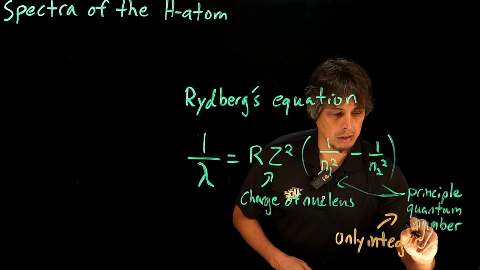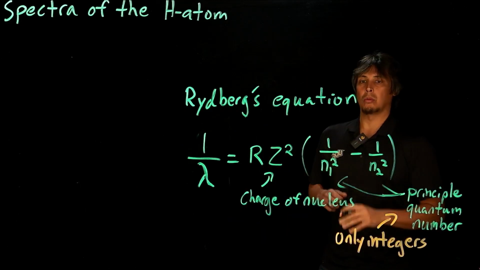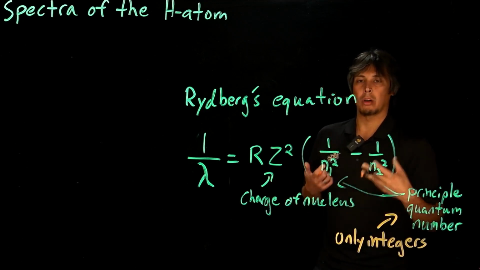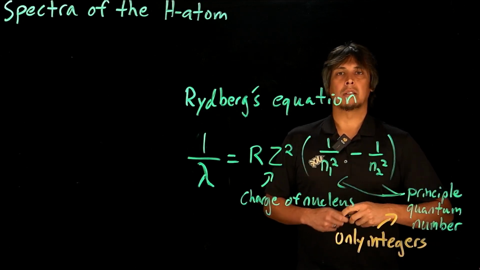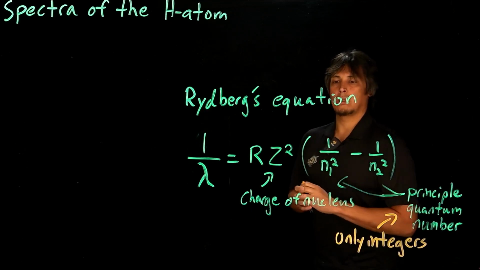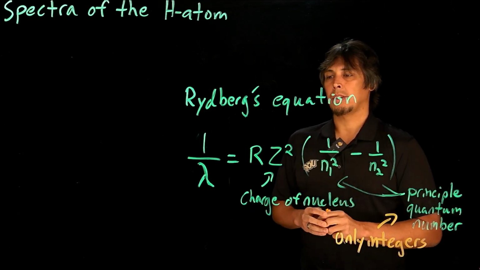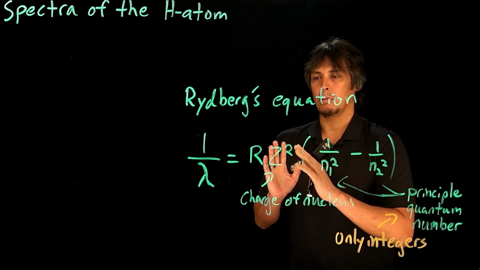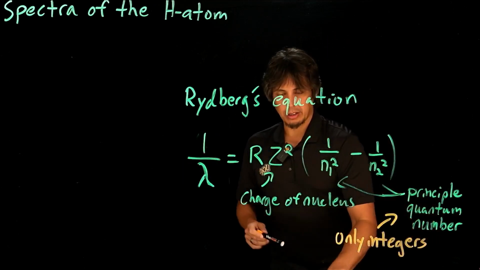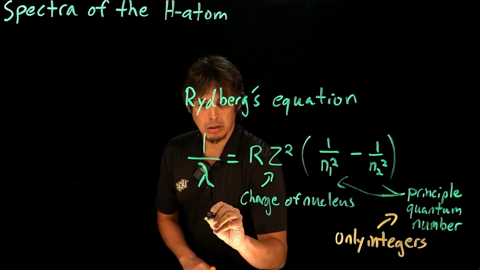Positive integer values, I should say. So 1, 2, 3, 4, 5, etc. And so the behavior of these absorption and emission spectra were satisfactorily defined by this equation. And so the last thing I need here is, of course, what R is.